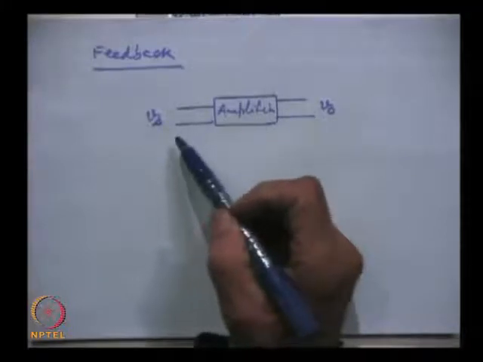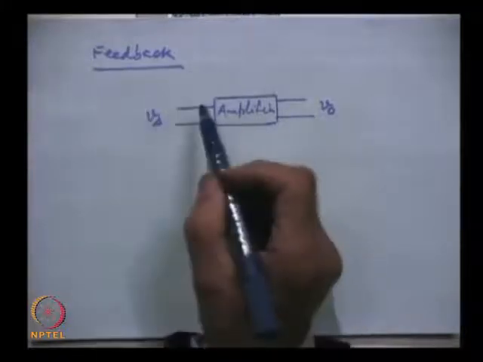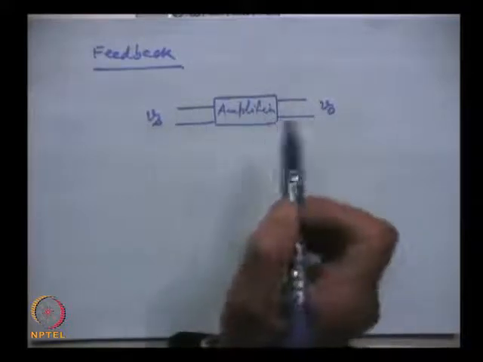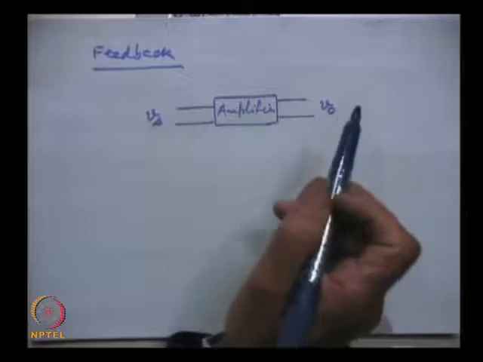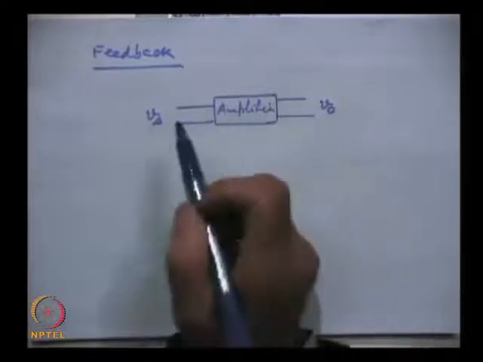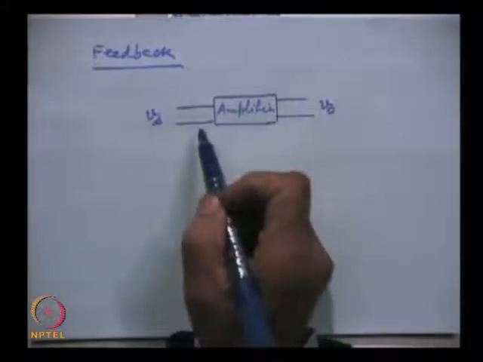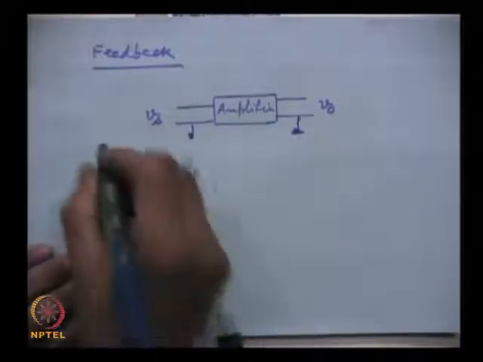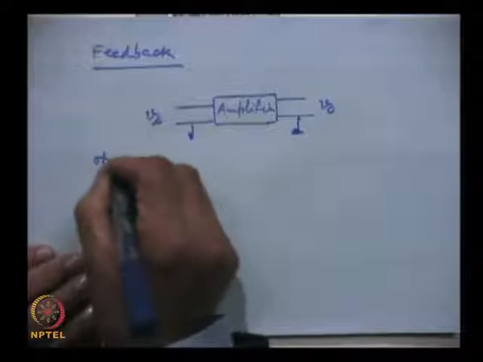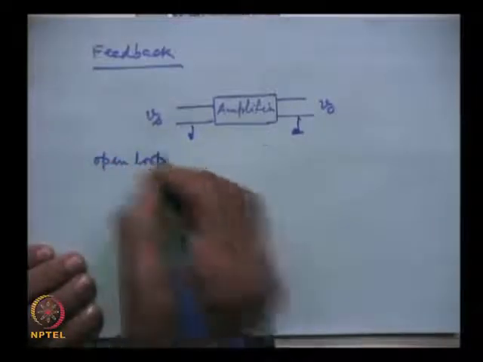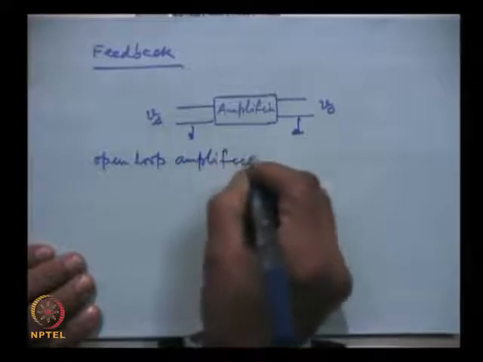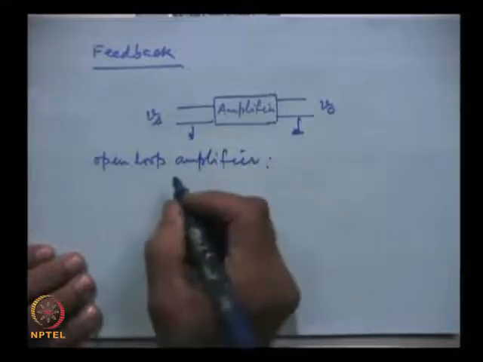Now very important: if the input is totally independent of output, that means output does not influence the input to the amplifier, then the circuit is called open loop. Open loop amplifier having no feedback.